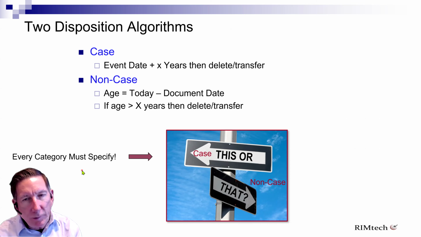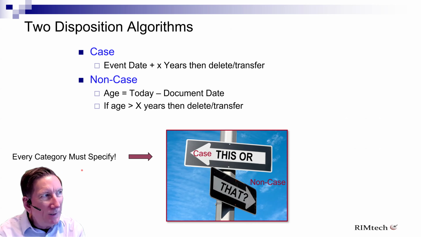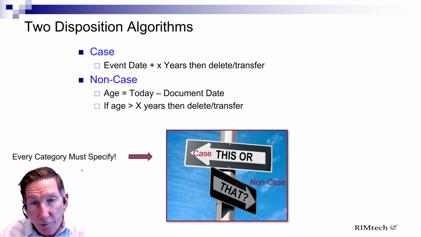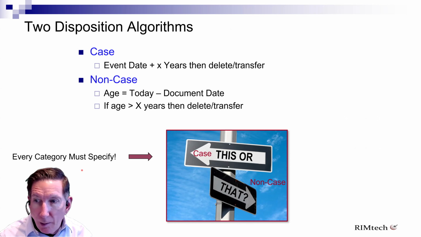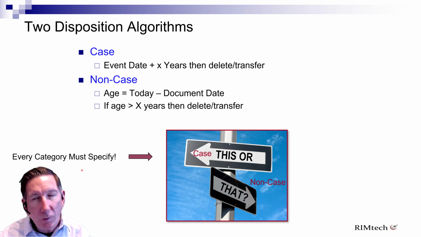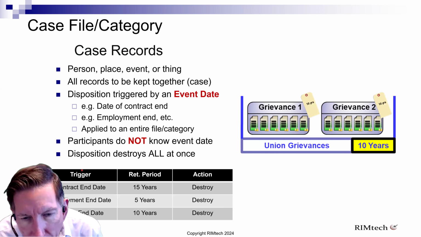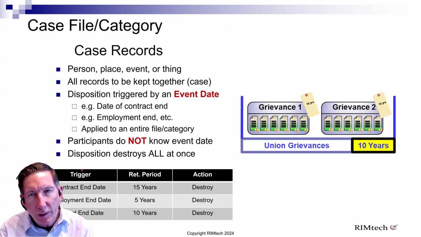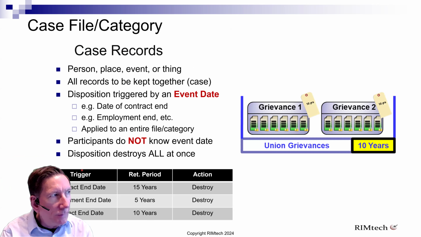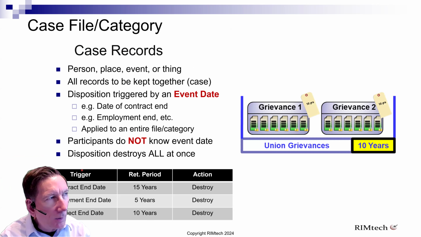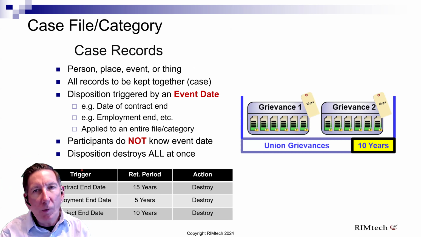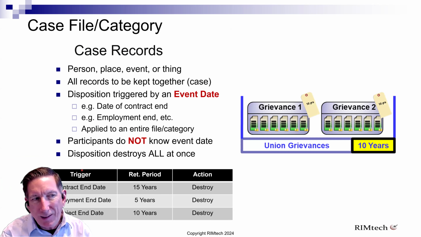So every single one of your categories or business activities in your retention schedule has to specify, am I a case or am I not? Or the software can't do its job. So what exactly are case records? They are records that are coming from or part of a case activity, because we all know that every category in the retention schedule is a business activity.